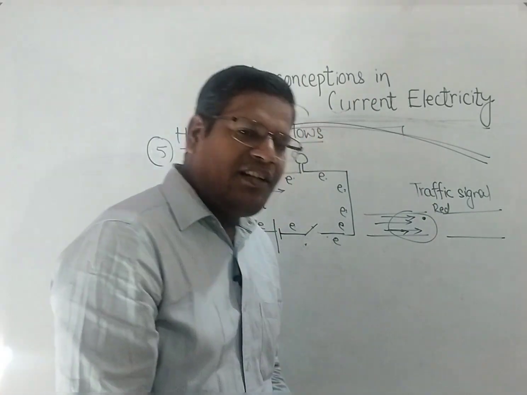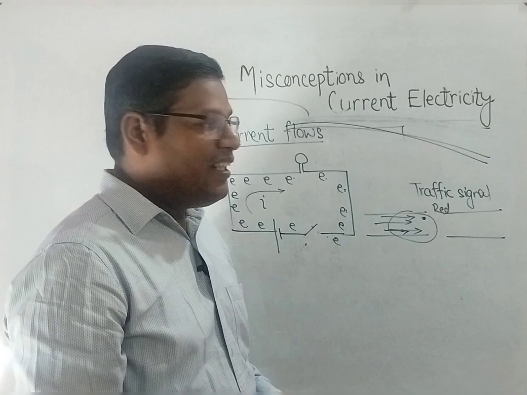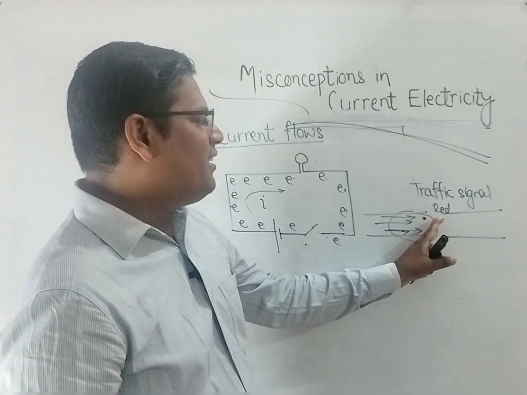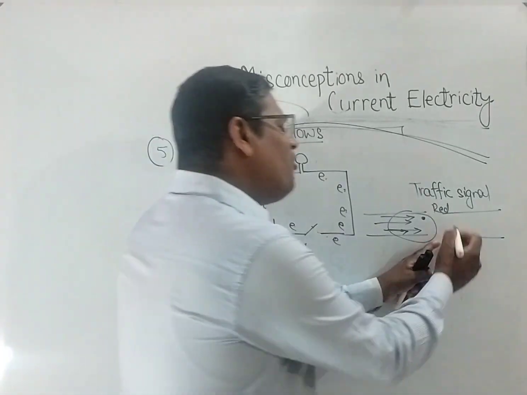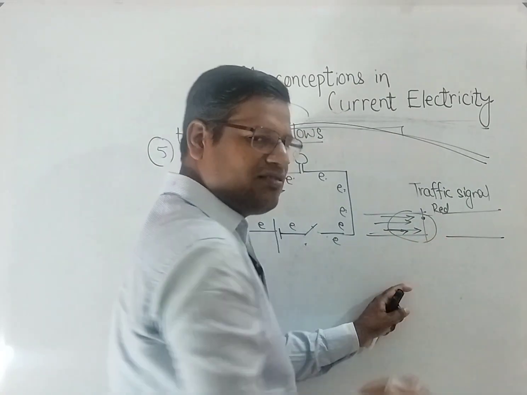This is what they think happens when you switch off the switch. When it is red, no one is going from here because there is no one here, but here people are coming and gathering.